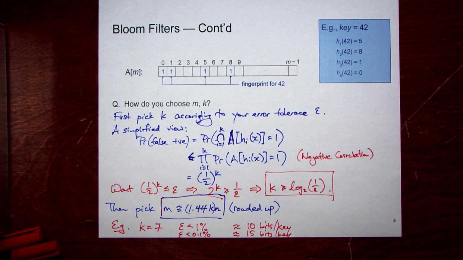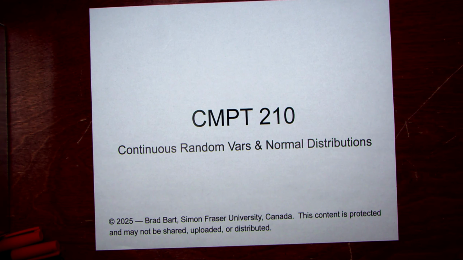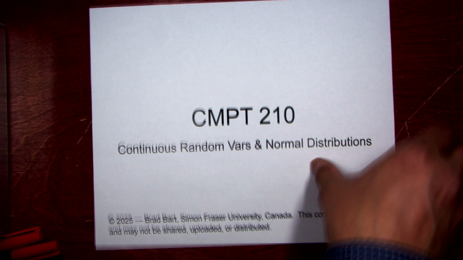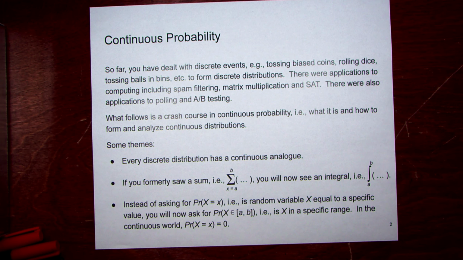Okay, we got one more thing to do, and that's a little baby toe into the world of continuous random variables and distributions. Let's say some words. Everything that you've been responsible for in this course deals with the discrete. That is a good thing because computers are discrete devices. They largely deal in integers.